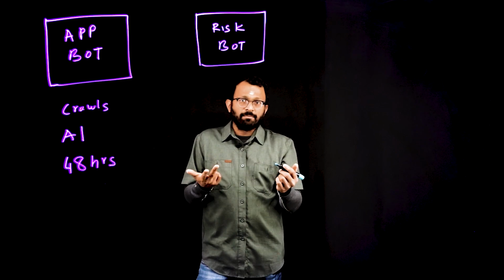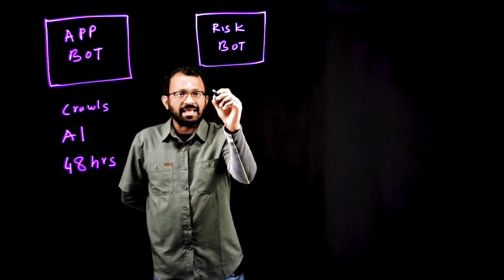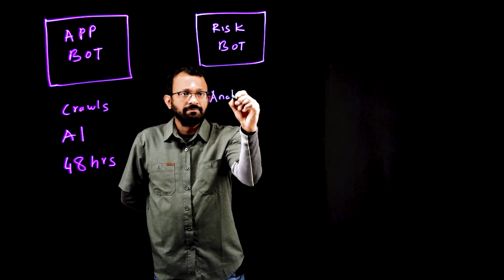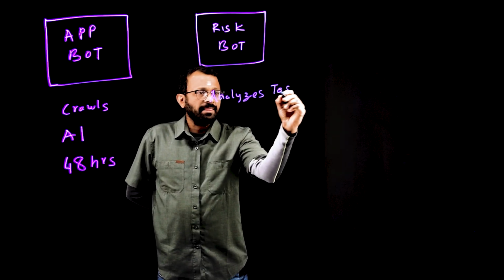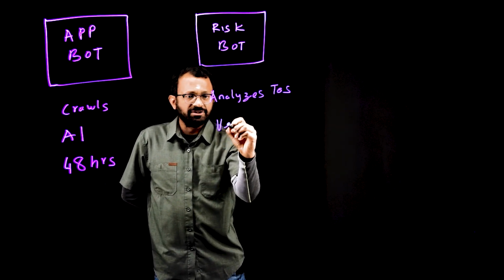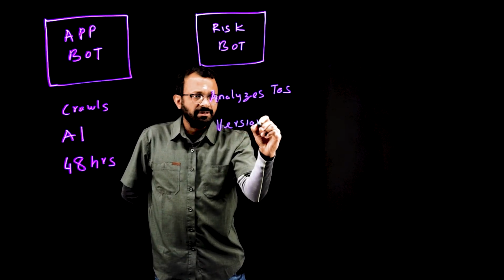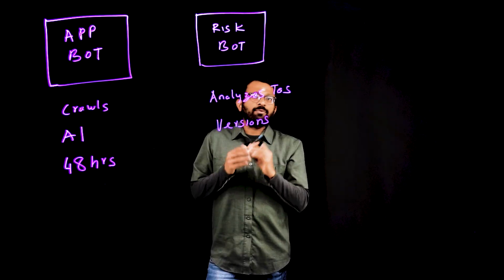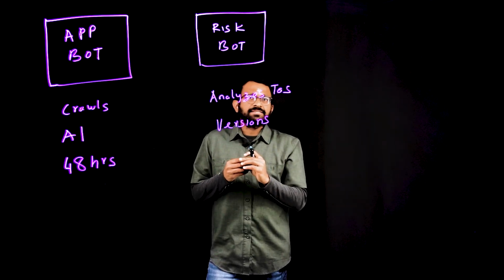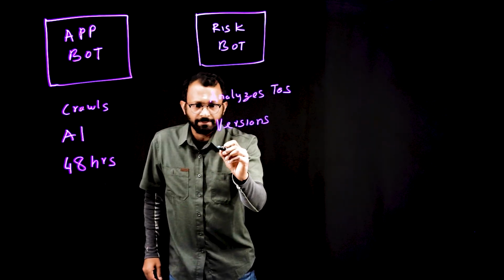These are a few examples. But again, what this does is analyze its terms of services as well as different versions of the application. And then we look at these 25 plus characteristics and we give every application a single risk score.